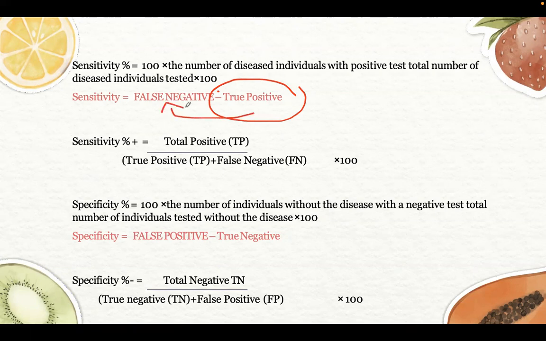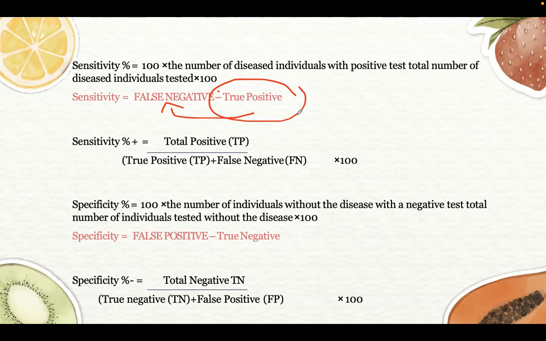We do not want to miss a patient who has cancer, for example, so our measurement needs to be sensitive. How do we compute sensitivity percentage? It is the true positive divided by the true positive plus false negative, times 100.